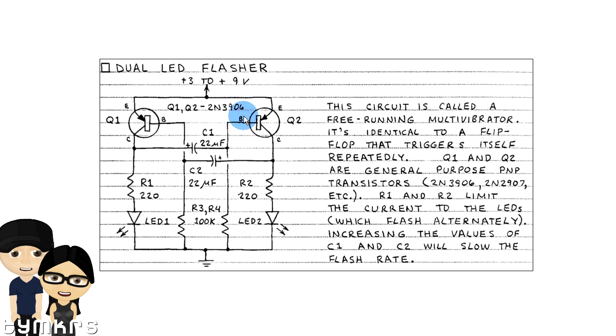And as this base voltage increases up to the point where it's greater than the emitter voltage, the transistor turns off. So when it turns off, the capacitors will discharge through this current limiting resistor, through the LED, which will keep the LED lit, and then eventually go out to ground.